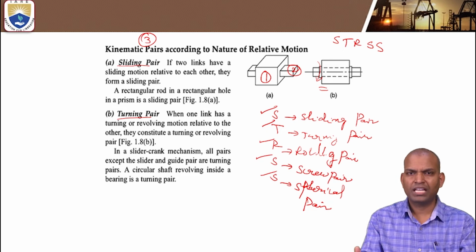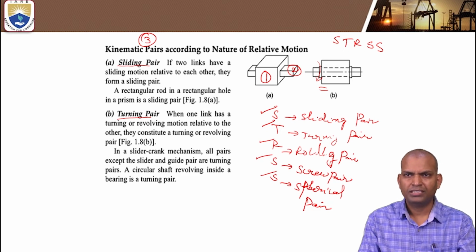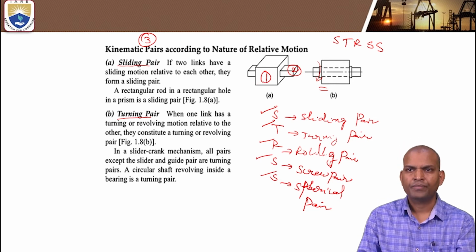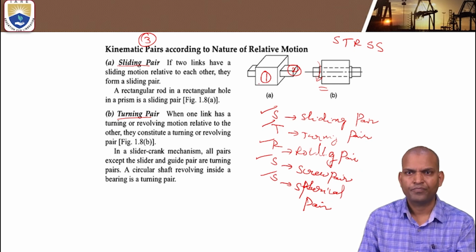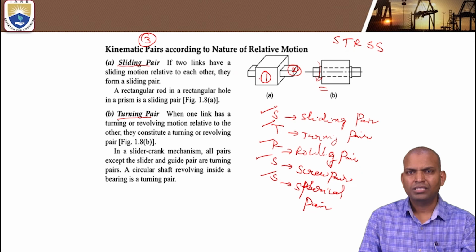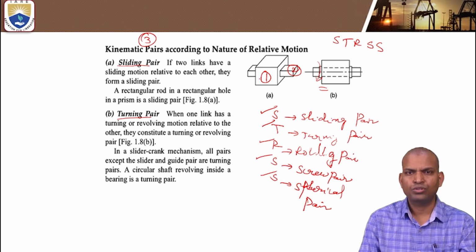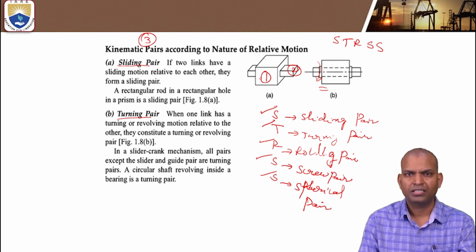So these are all correlation. So here this pair comes under the category of completely constrained motion and also sliding pair, okay, and also lower contact, lower pair. So like that, each links, each pair can be considered or can come into various classification.